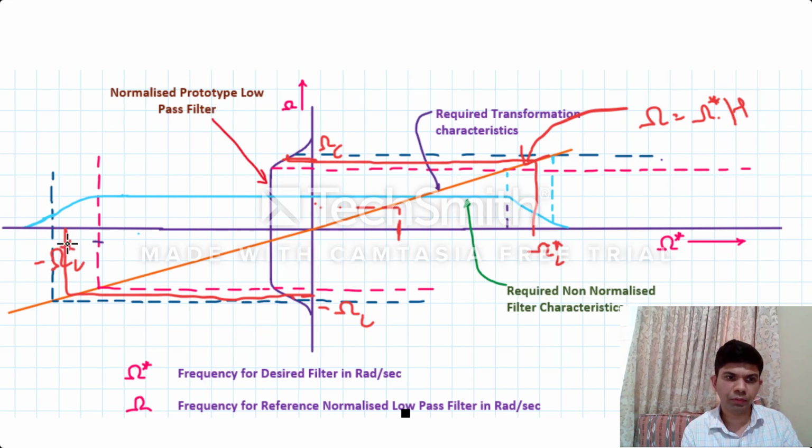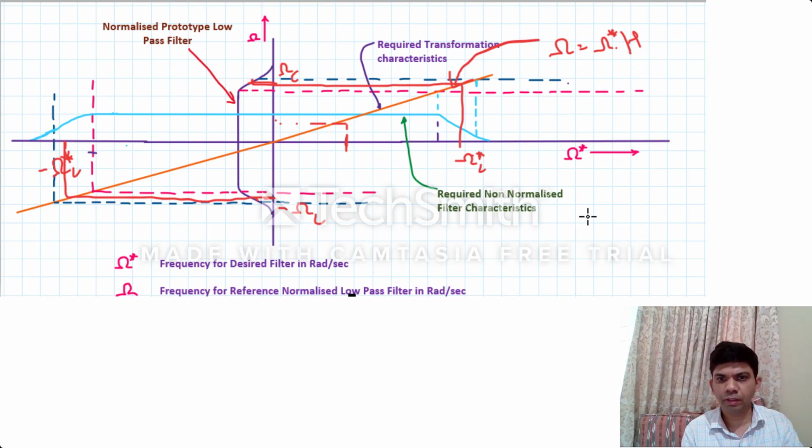Now these points are known points for the characteristics, and that's why I can use them to solve for h. So writing omega c equal to omega c star into h gives me the value h equal to omega c divided by omega c star.